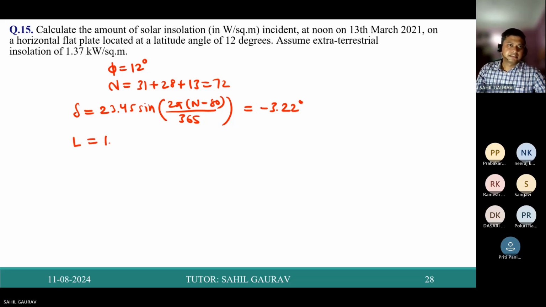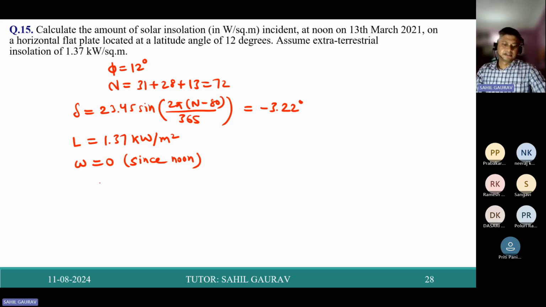And extraterrestrial insolation is given as 1.37 kilowatt per meter square. Our hour angle is 0 since it is at noon. Latitude angle is given as 12 degree.